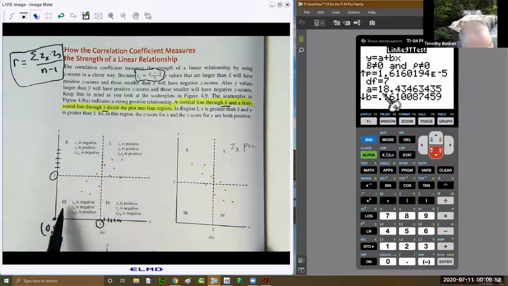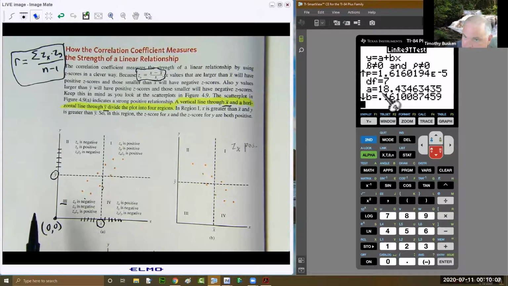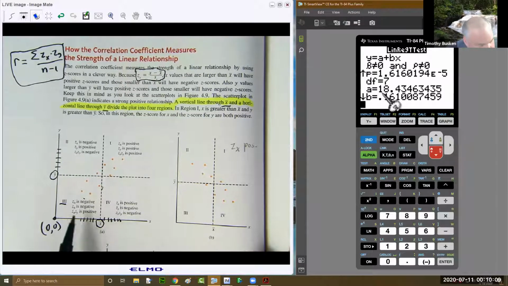And also take a look at values over here in this quadrant 3. All of these points, if you think about their x coordinates, they're going to be left of x bar on the x-axis, so they're less than x bar. So we expect the z-scores for those x values to be negative.